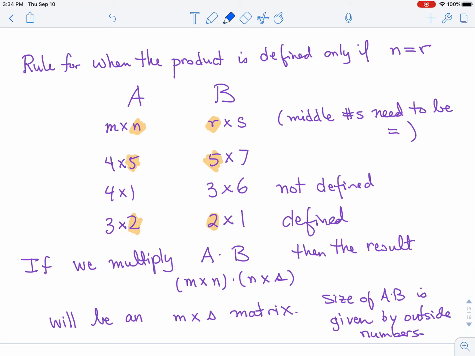And what did I tell you the answer would be? The outside numbers. So m and s are the two outside numbers. What you're checking to make sure the product is defined is that the inside numbers are the same. Then you're able to multiply those matrices, and the product will be given by the outside numbers.